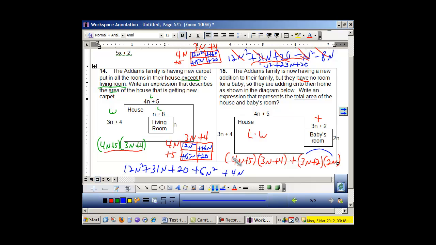Let's combine them up here. 12n squared and 6n squared is 18n squared. Took care of that. 31n plus 4n is 35n. Took care of that, plus 20. And that is your final review.